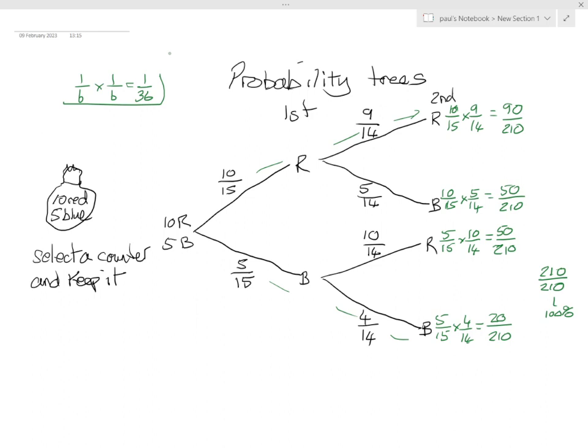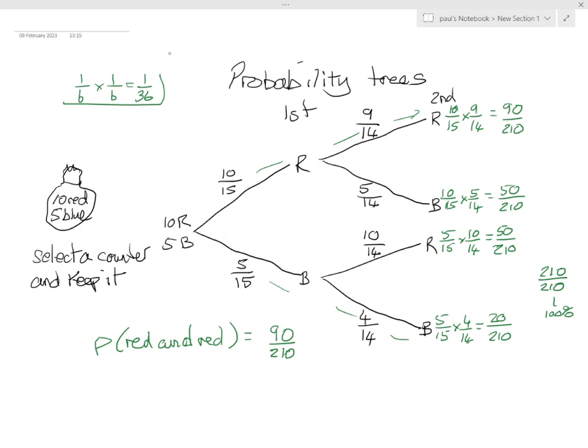So that is called an AND rule, where you're going a probability of a red and a probability of another red. Okay, so the probability of red and red, or red then red, it doesn't make any difference, will be equal to 90 over 210.